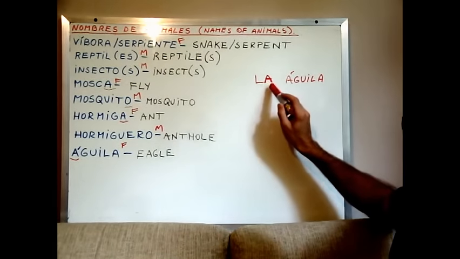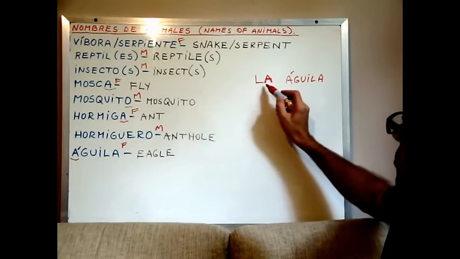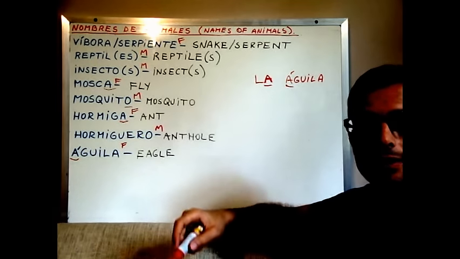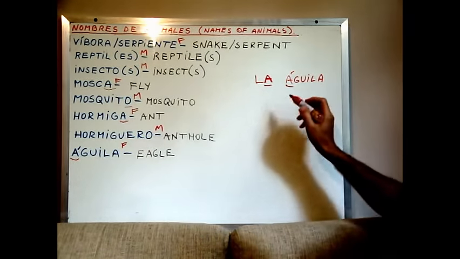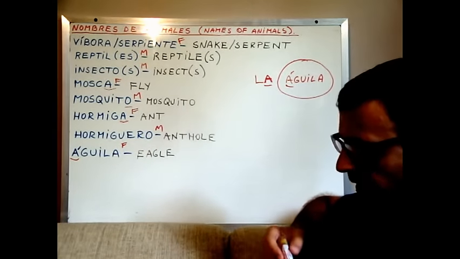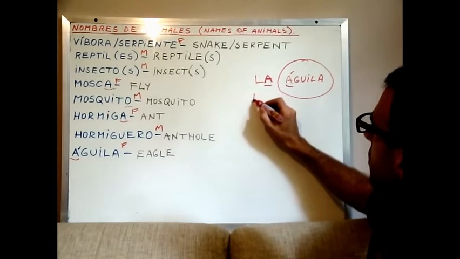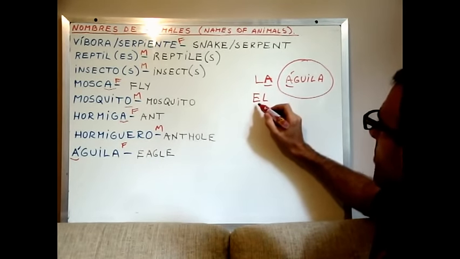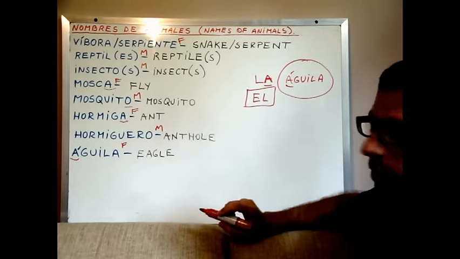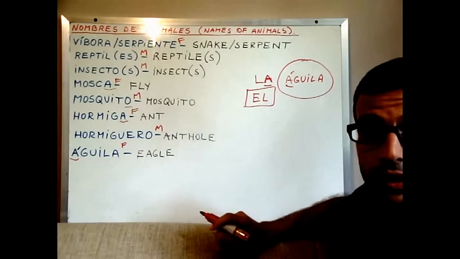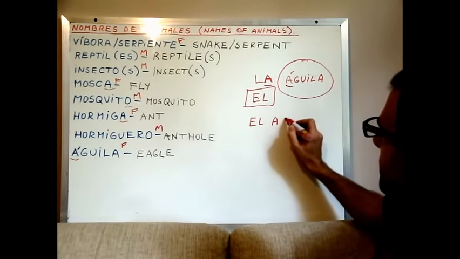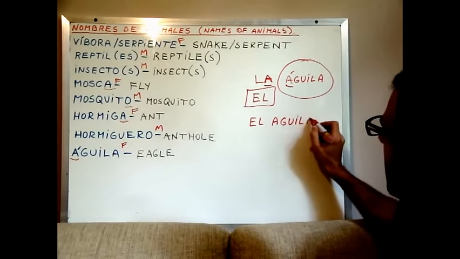However, since here we would have two A's that would not sound well, la águila, then for most of these feminine nouns that begin with an A, we use the masculine singular article, okay? So when we want to say an eagle, we say el águila, right?